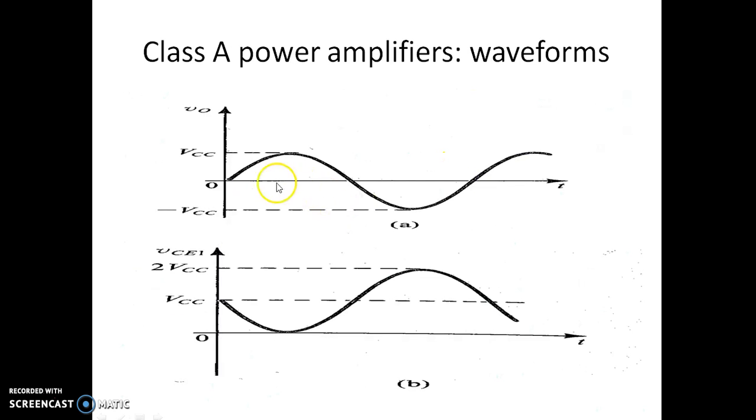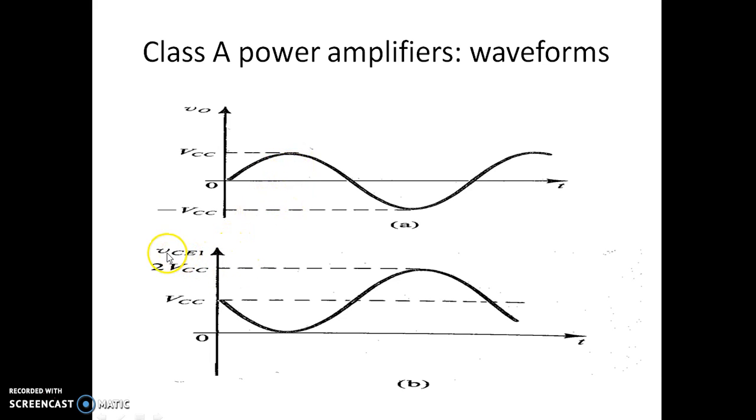In the next slide, you can see the output voltage varying from 0 to VCC and going down to minus VCC. This is VCC, considering it as a BJT. For MOSFETs, we can take this as VDD and this as minus VSS. You can see the output swings from plus VDD to minus VSS. The peak to peak of the output voltage is 2 times VDD.